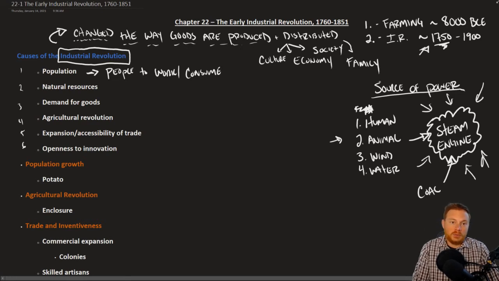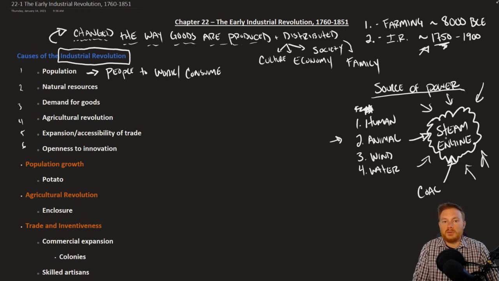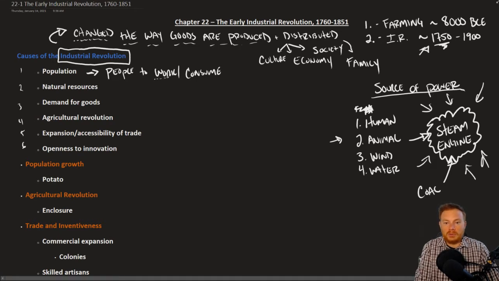That's why, for example, in a hunting and gathering society, something like the Industrial Revolution couldn't take place because every single person in those types of societies is dedicated to survival, right? Whereas in societies with larger populations, where people have the ability to work and also to consume, this is possible. Natural resources are required, namely coal, right?